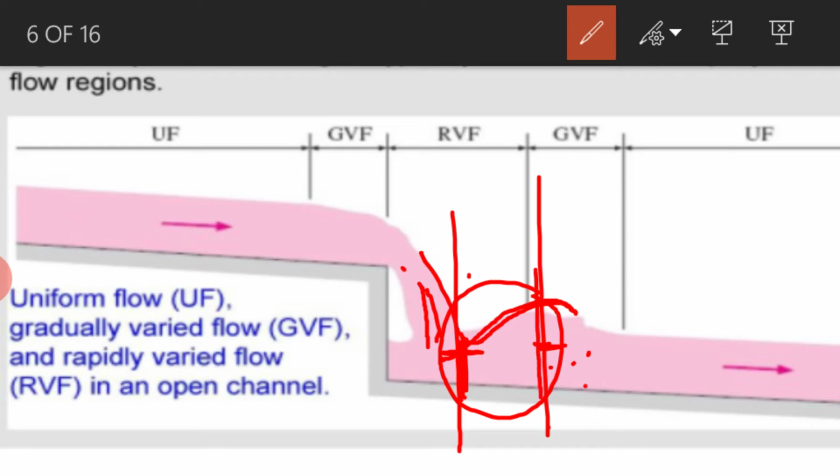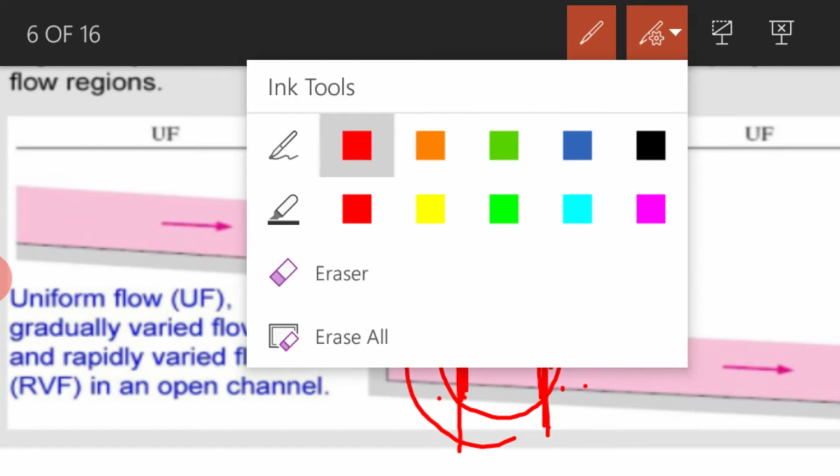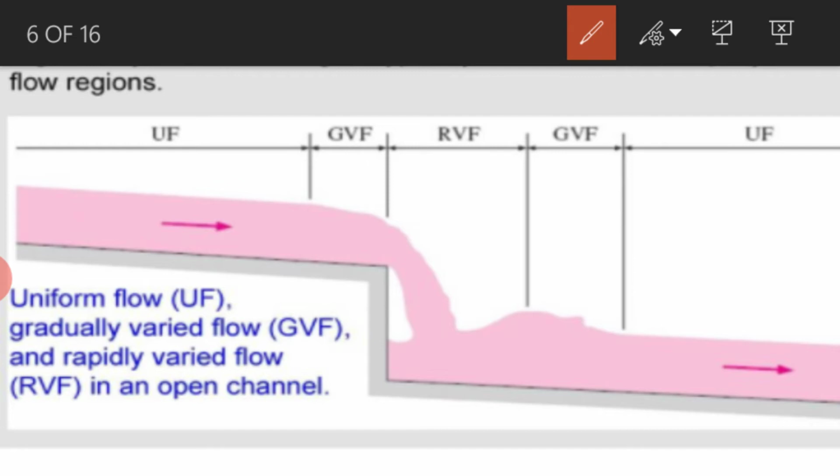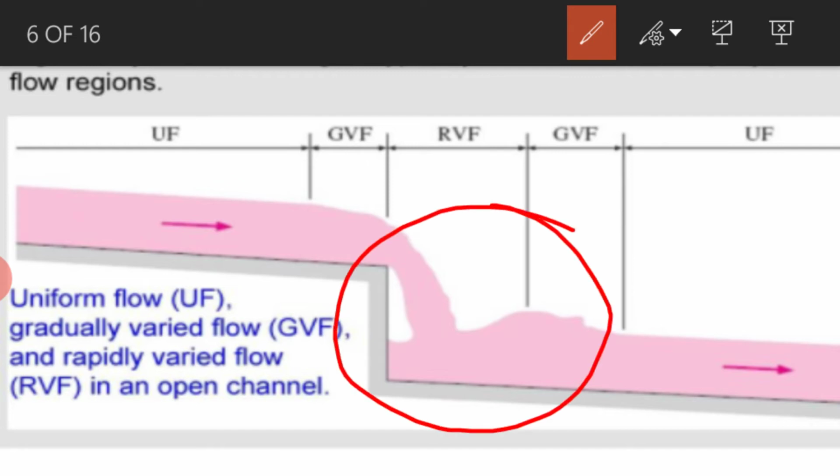Subcritical means the depth of flow is high, the velocity will be low here. Okay, from high velocity to low velocity. So this is called rapidly varied flow. So in this particular section, the non-uniform flow will take place, and the gradually varied flow generally is in between rapidly varied flow and a uniform flow. Okay, so I hope you understood this one.